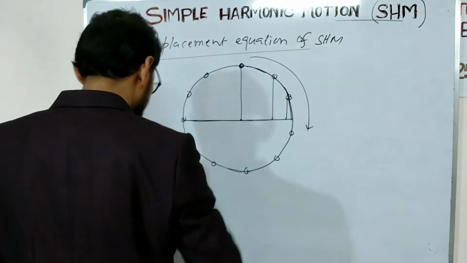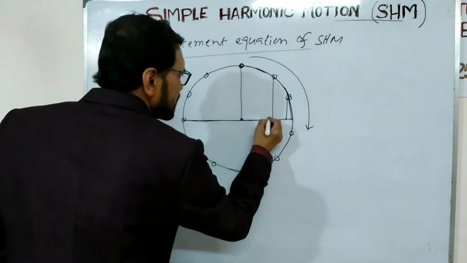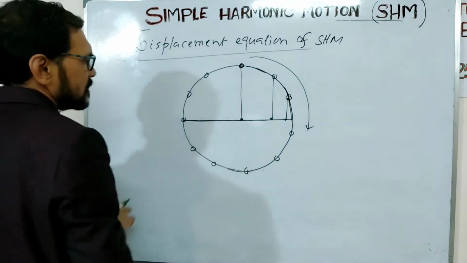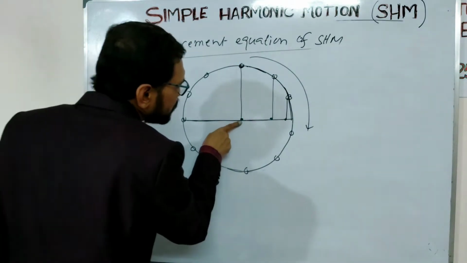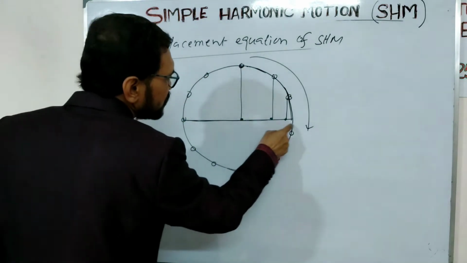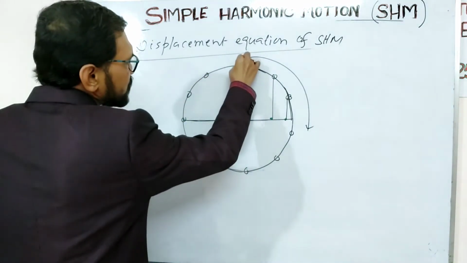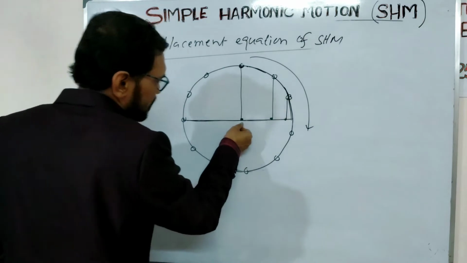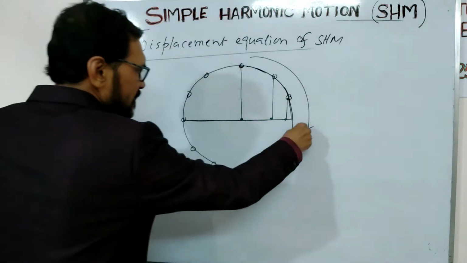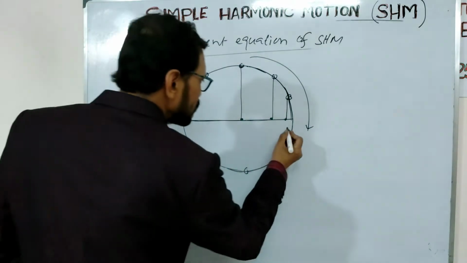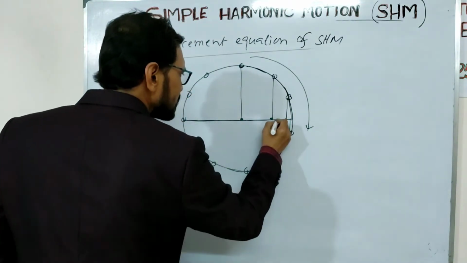Now the foot of the perpendicular moves in this direction. When the particle comes from this to this position, the foot moves in this direction, and when the particle moves in this direction, the foot comes back this way.